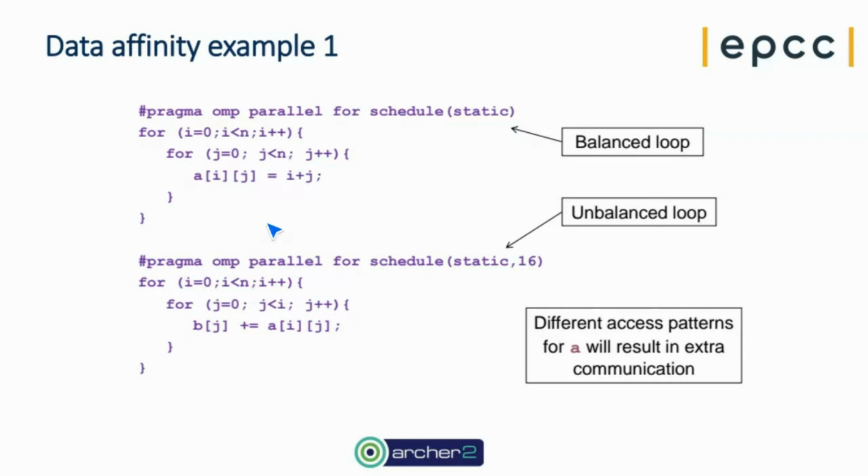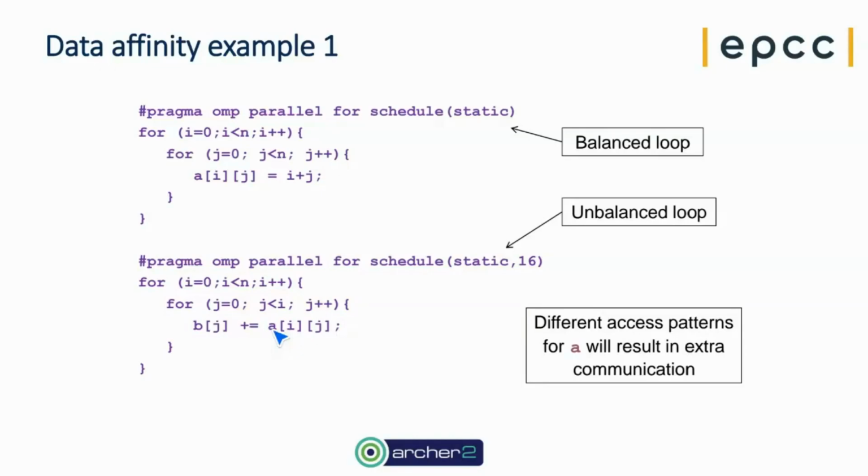So this will require some communication in order to resolve these loads. And typically, these loads will result in cache coherency misses, because the up-to-date value of the data which was written here is in some other cache.